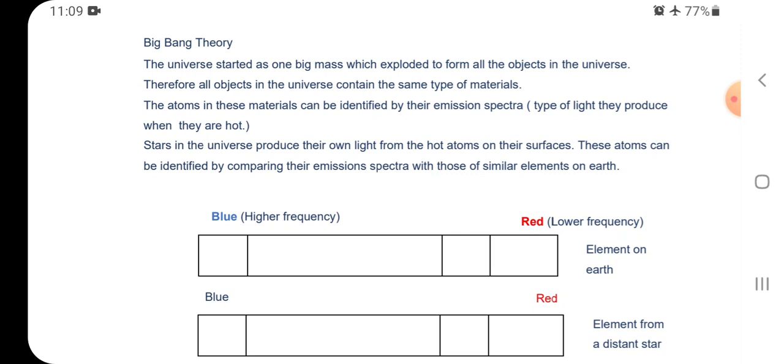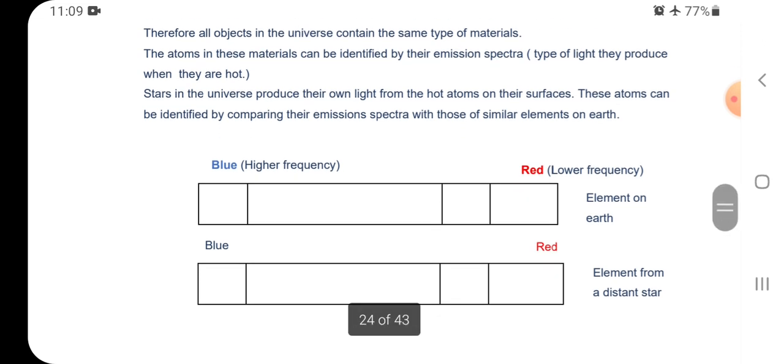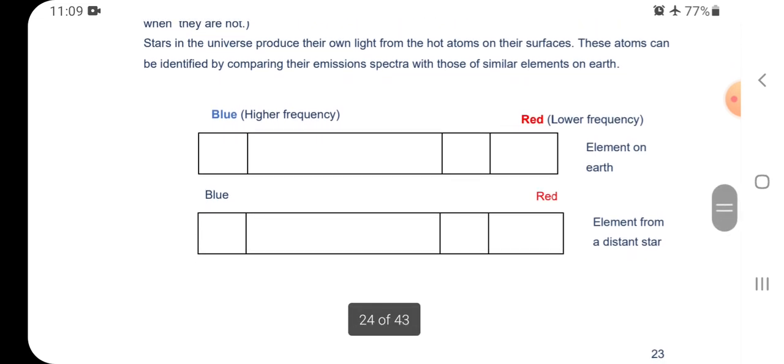The atoms in these materials can be identified by the emission spectra, type of light they produce when they are hot.